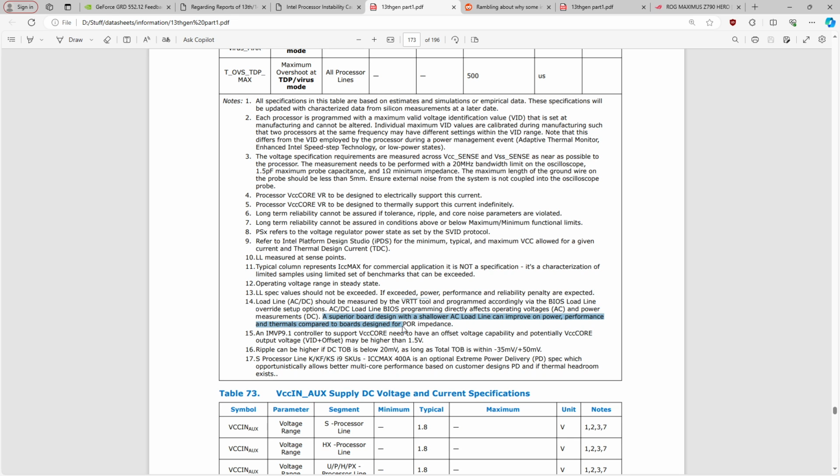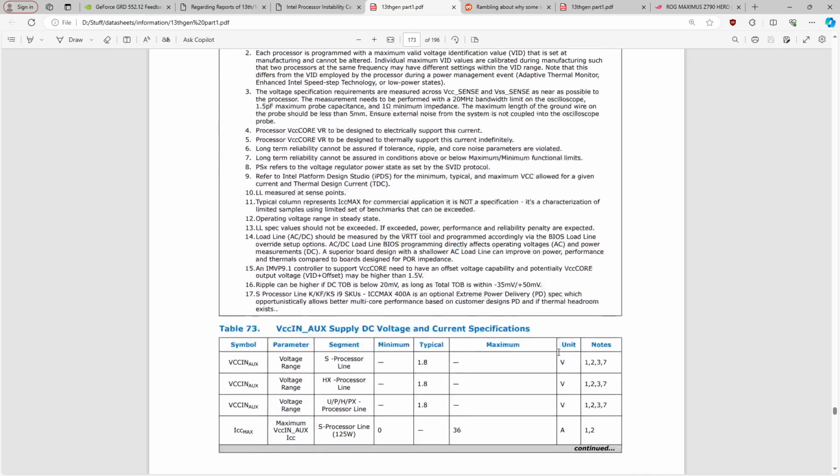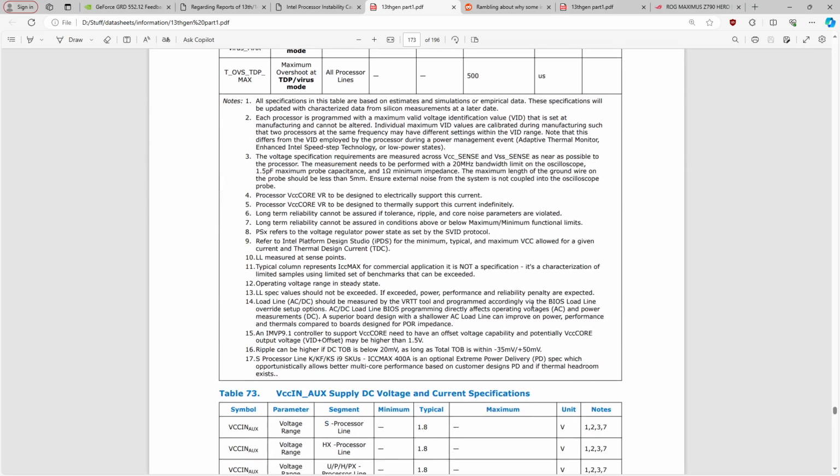It's like, okay, well, what if we just lowered it anyway? Oh, the board doesn't actually meet the AC load line requirements that we're running? Well, it works on most CPUs, so that's fine. Right? So, yeah, no, as far as I'm concerned, this entire situation is entirely on Intel, because if you write a data sheet that's like, yeah, you can just mess with this, then they're going to mess with it.